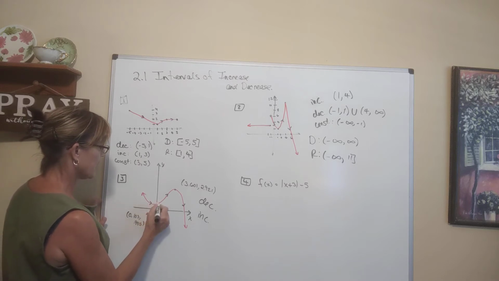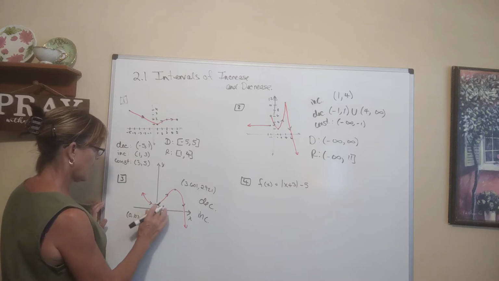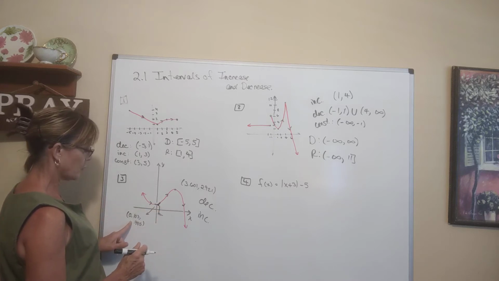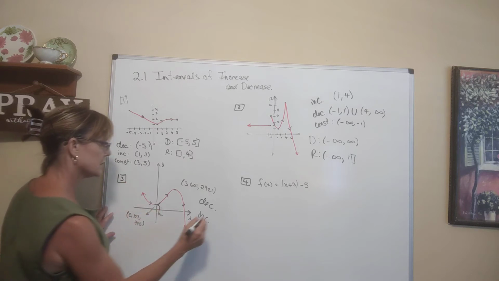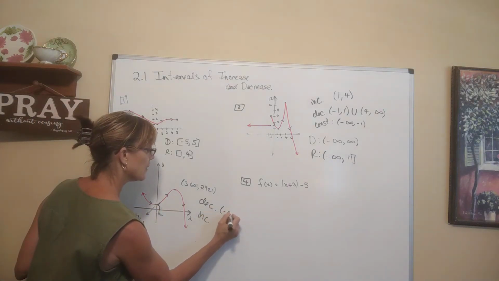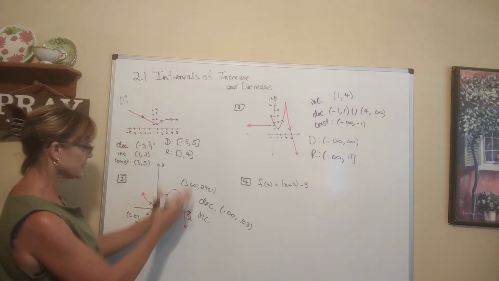I put it at the wrong x value, but really it's supposed to be here. Let me redraw my graph a little bit. Okay. So this point really almost looks like 0, but it's 0.103. So it's decreasing from here to this point, -infinity to 0.103. And then it starts to increase.